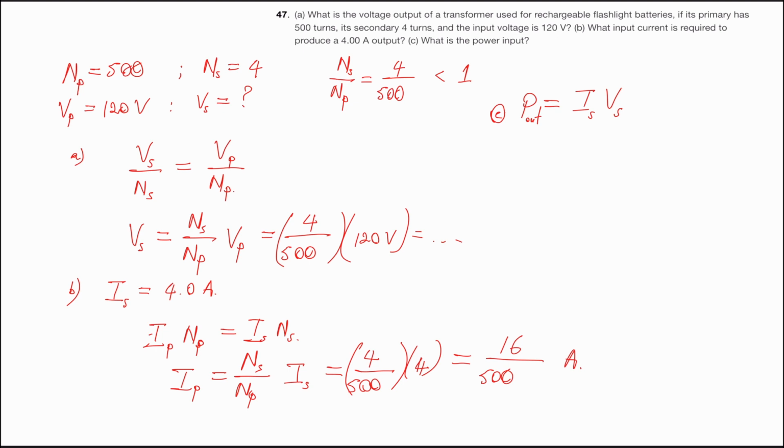The voltage we already have determined over here, so we can punch that in. So this is going to be 4 times 4 over 500 times 120. This will give us something like 16 times 120 divided by 500 volts. Again, you're welcome to get the decimal numerical value.